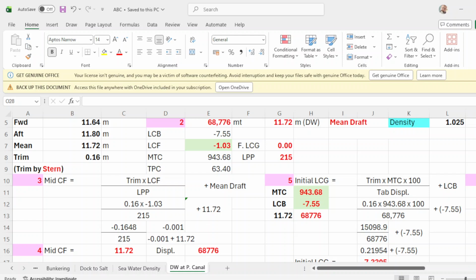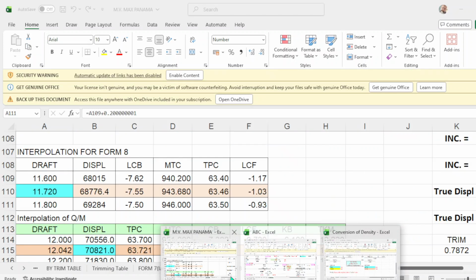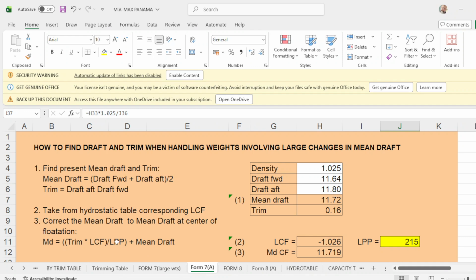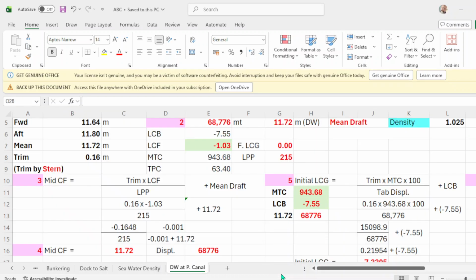Number 3 says correct the mean draft to mean draft at center of rotation. So the mean draft correction for center of rotation is trim times LCF over LBP plus mean draft. So the formula is: mid center of rotation equals trim times LCF over LBP plus mean draft.